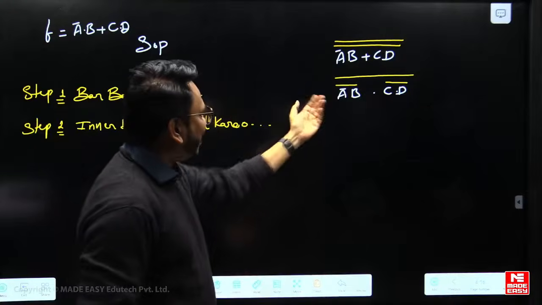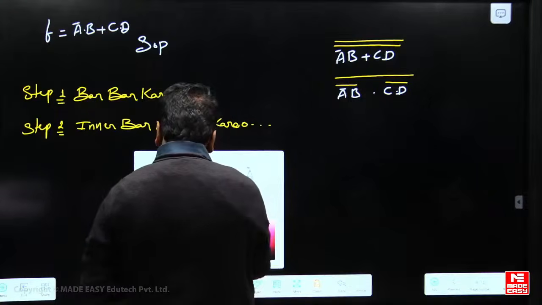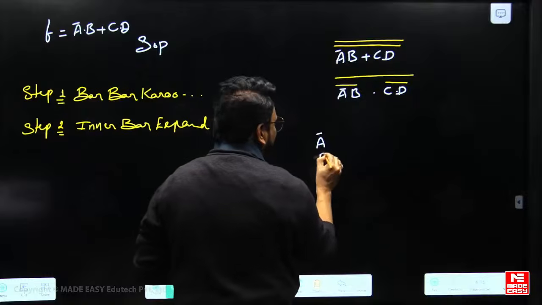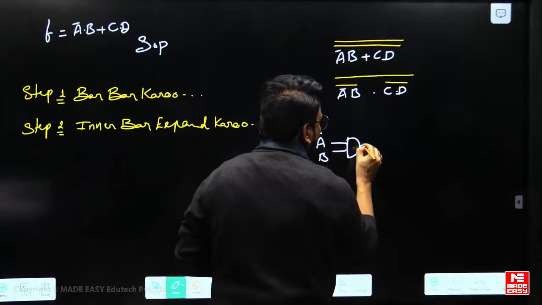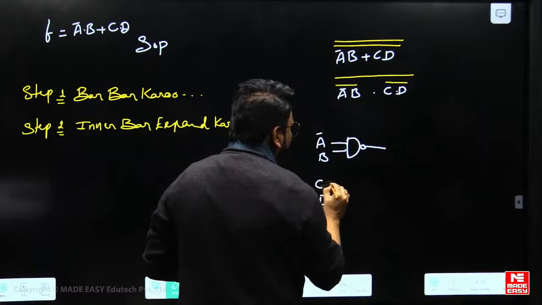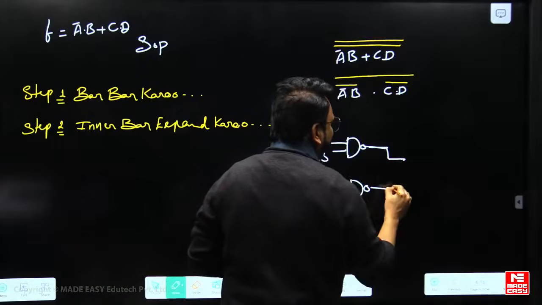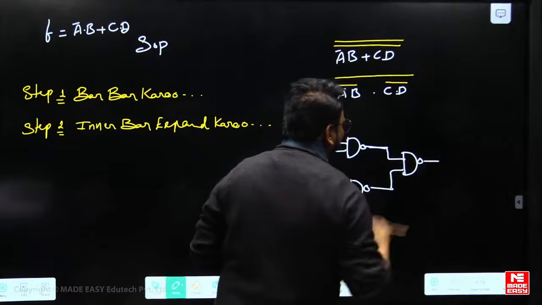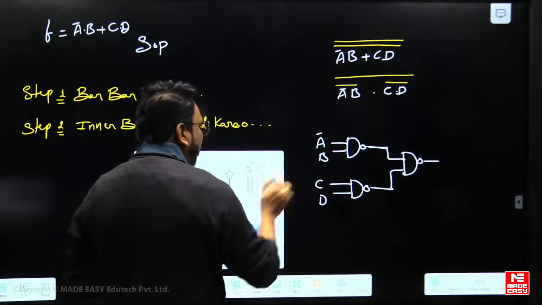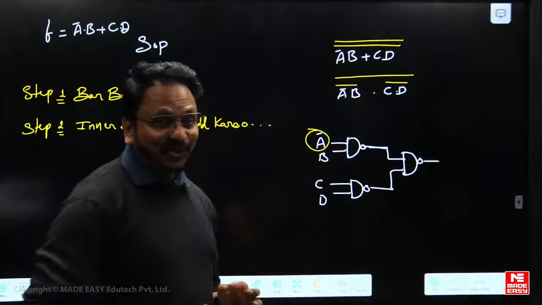Sir, wait, see this is the NAND gate only, no? This A'B is a NAND gate, CD is also a NAND gate, and again these are applied to a NAND gate. That's enough, completed. Sir, but here one more A bar is there, no? Yes, of course.